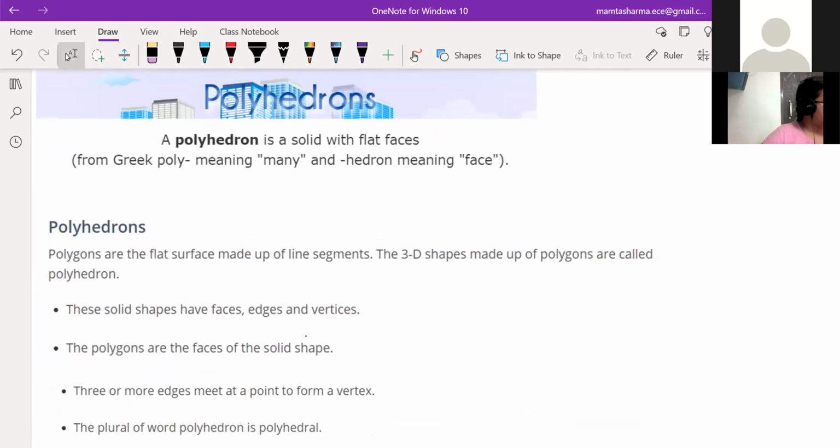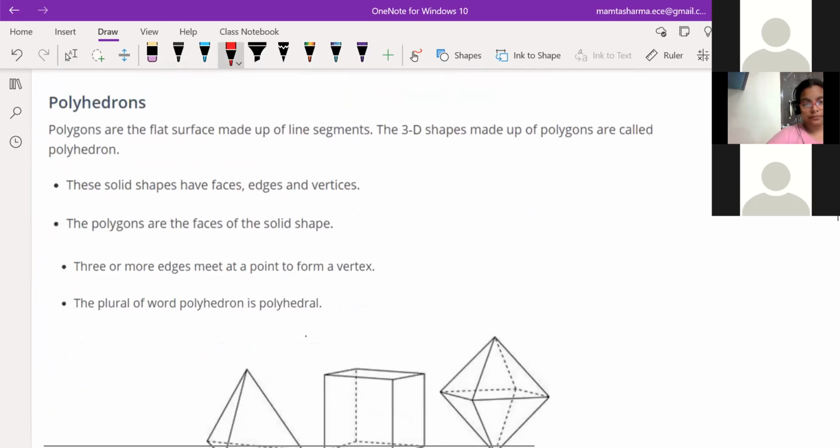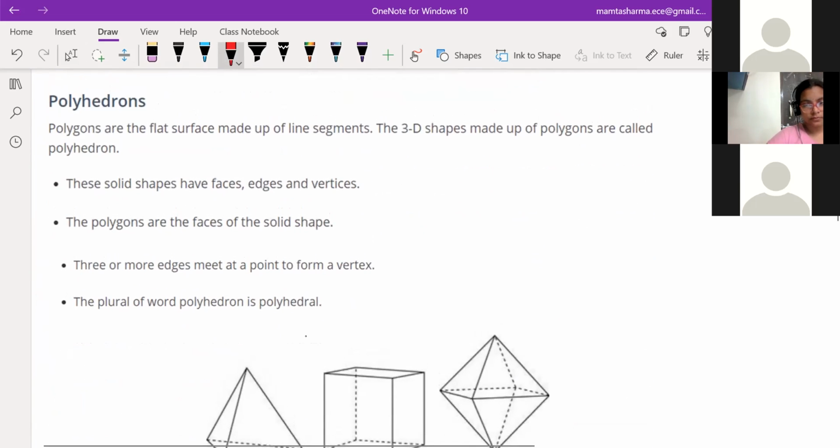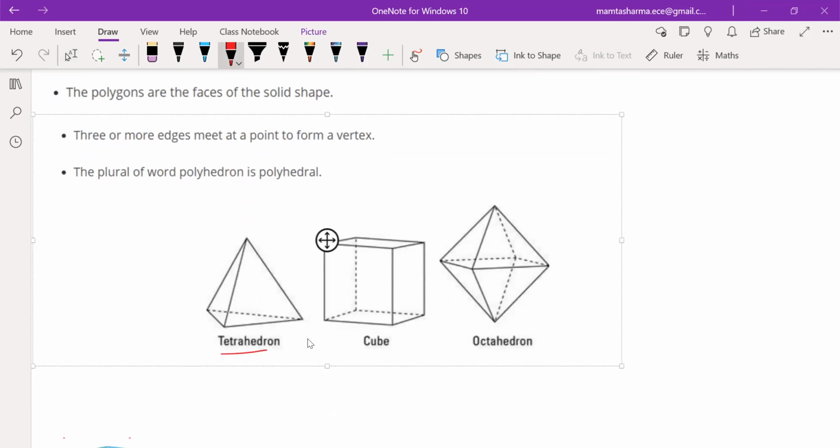Now we will see polyhedron. What is a polyhedron? A polyhedron is a solid with flat faces. Remember the term solid. See these shapes: tetrahedron, cube, octahedron.